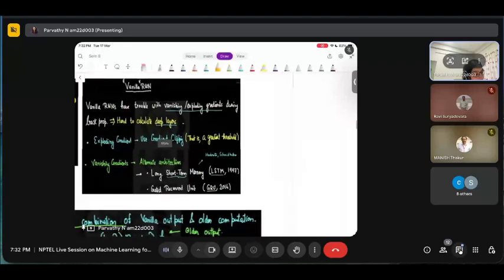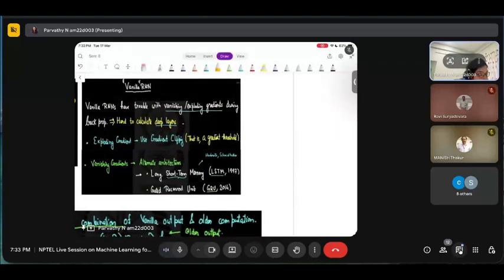Now the vanilla RNN has trouble with vanishing or exploding gradients. In backpropagation, it is difficult to calculate the gradient in the deeper layers. Exploding gradient is when the gradient becomes too large. One way to solve this is gradient clipping, where you clip the gradient between a certain range of values.